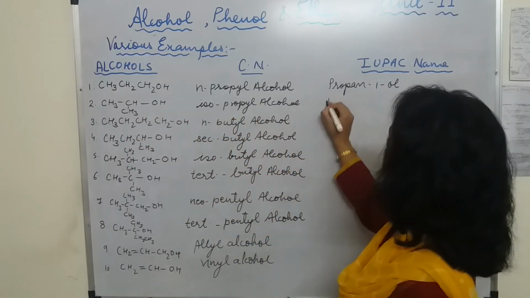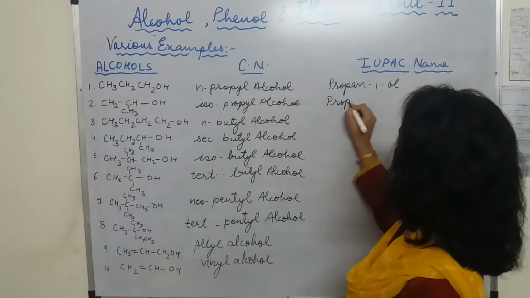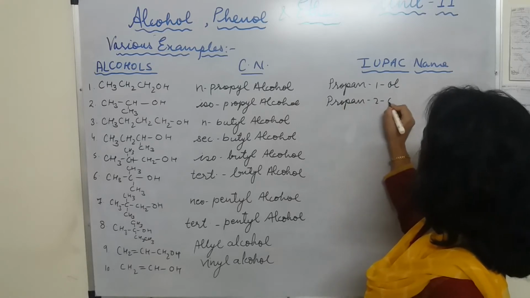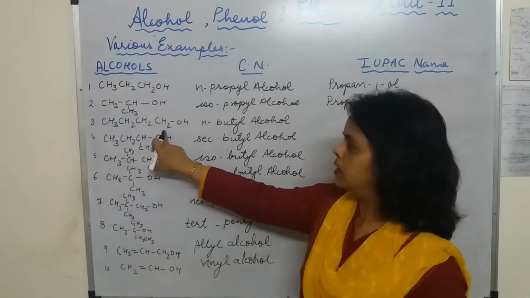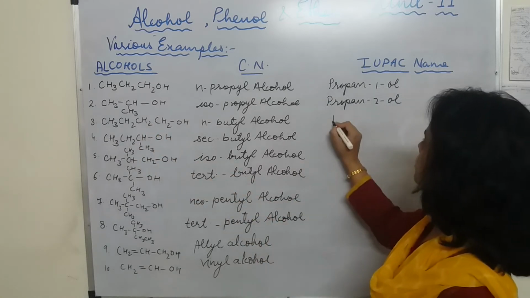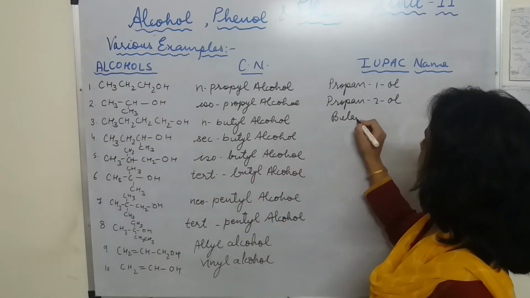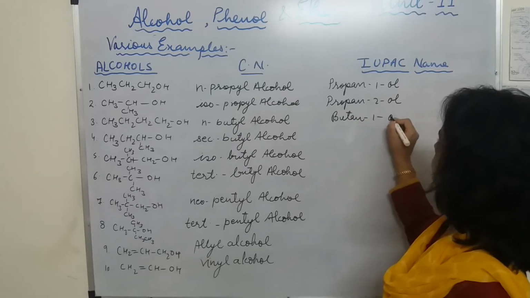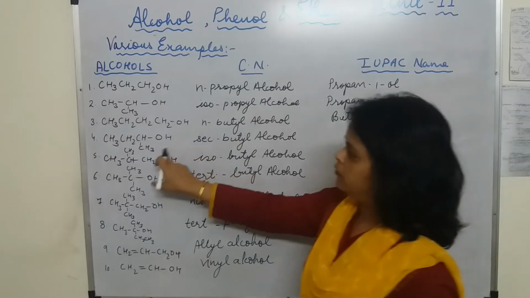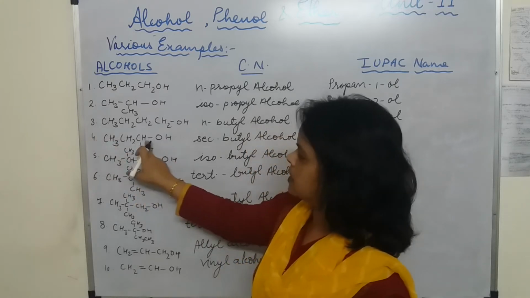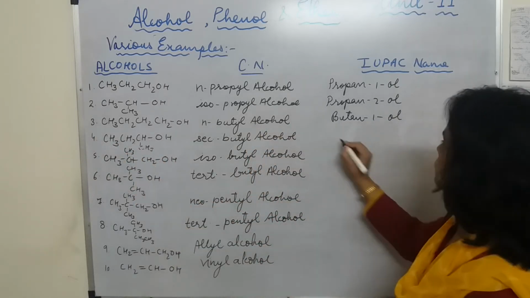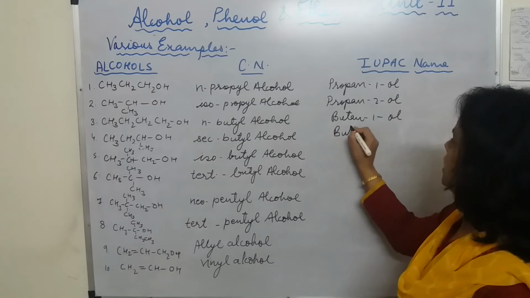So it is propane 2-ol. A long carbon chain of 4 carbon. So it will be butane 1-ol.